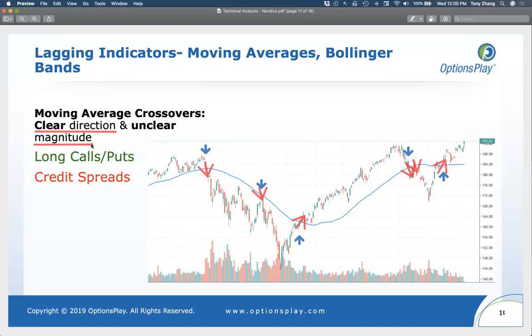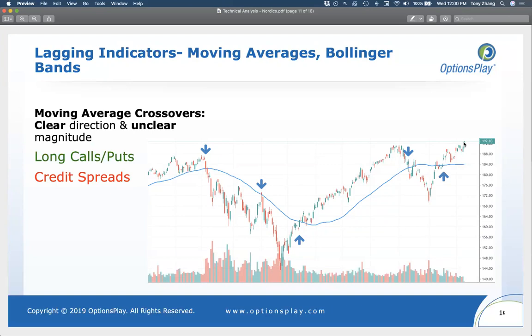So when the stock crosses below, in this particular case, what I have on my screen is a 50-period moving average, there's nothing on this screen that tells me that the crossover below is going to result in a sizable move or a small move like here. The moving average crossover in itself doesn't tell you anything about the magnitude. It only tells you direction.